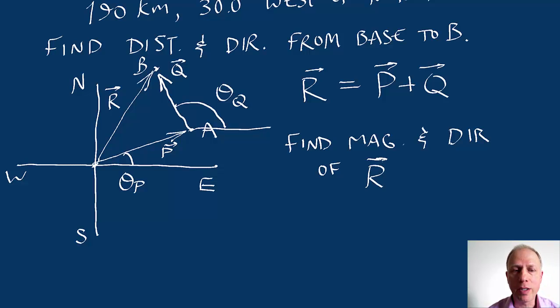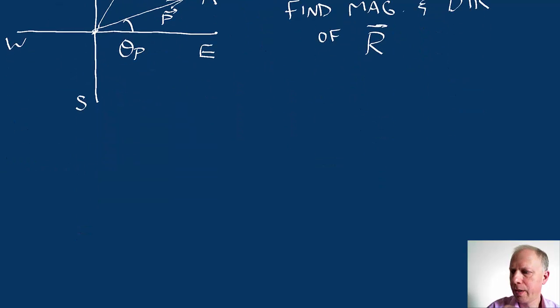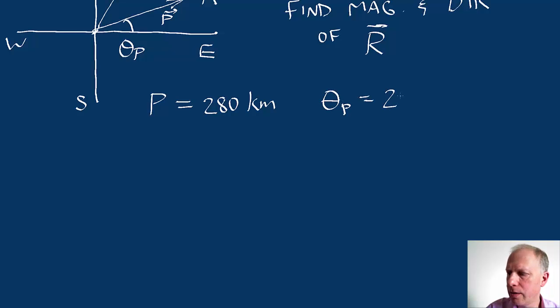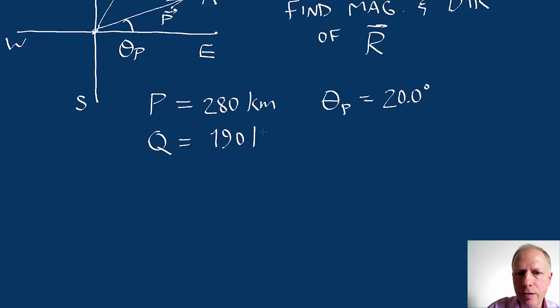We're going to use components to find the sum of the vectors P and Q. First, let me tabulate the information that we have about P and Q. The magnitude of P is 280 kilometers. The direction angle of P is 20 degrees. The magnitude of Q is 190 kilometers.